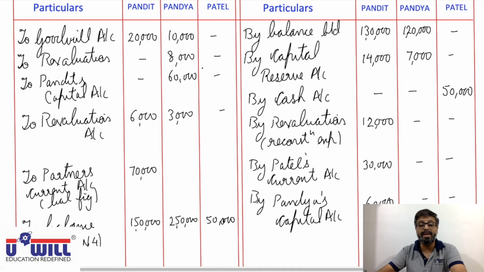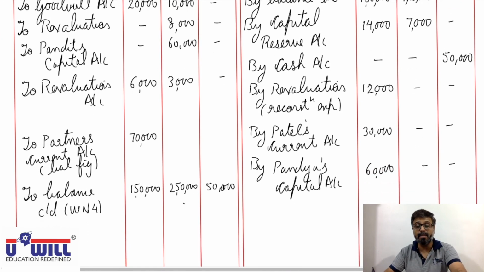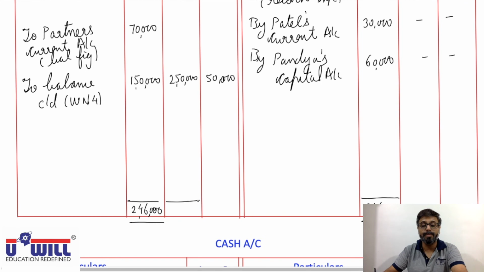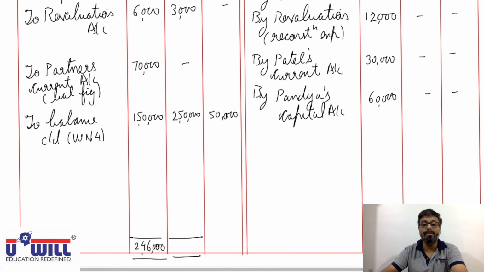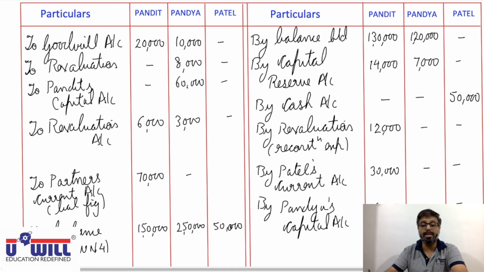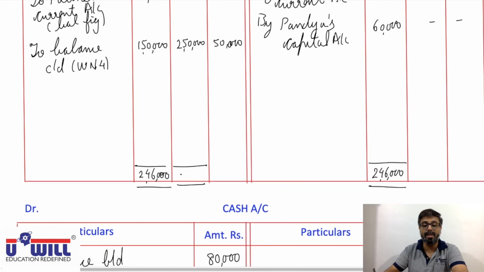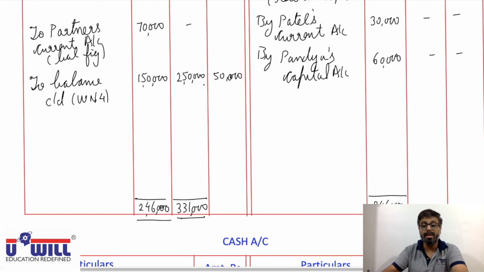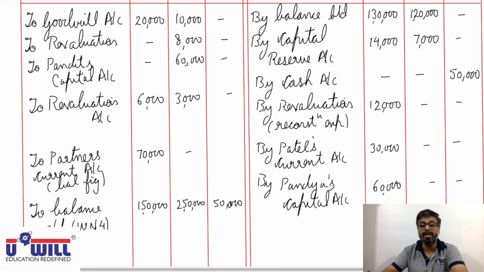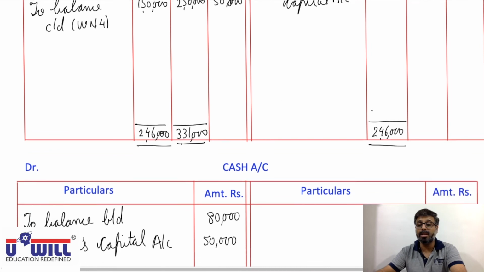Credit is 1,27,000, debit itself is 2,50,000, a single amount. So here debit looks more. First do the debit side total. 2,50,000, 3,10,000, 3,28,000, 3,31,000. 3,31,000 is the debit side total of Pandya. I repeat, 250 plus 3, 253 plus 60, 3,13,000 plus 8, 3,21,000 plus 10, 3,31,000.